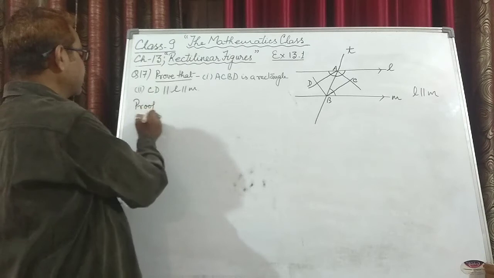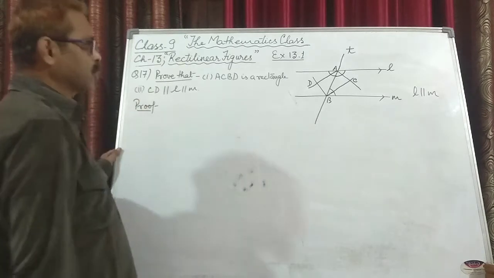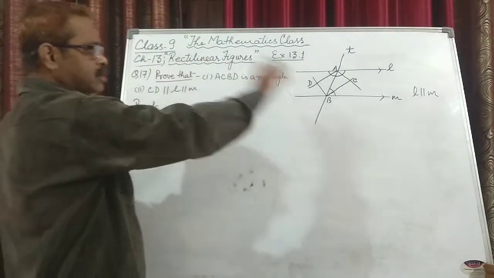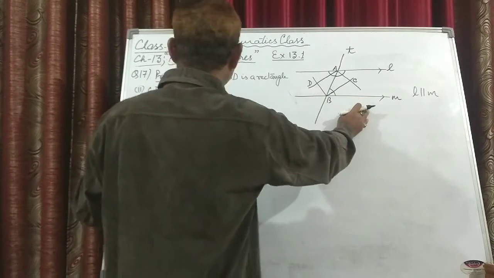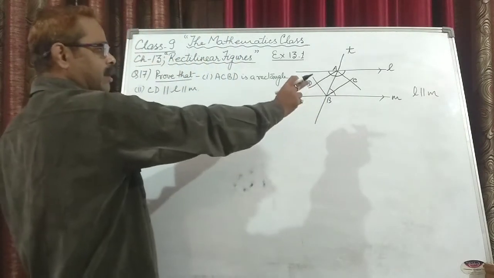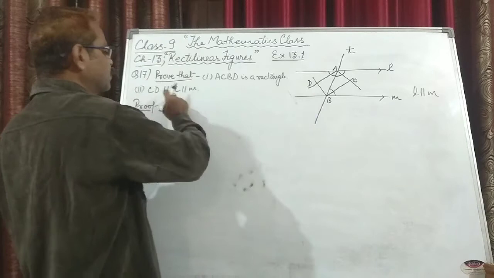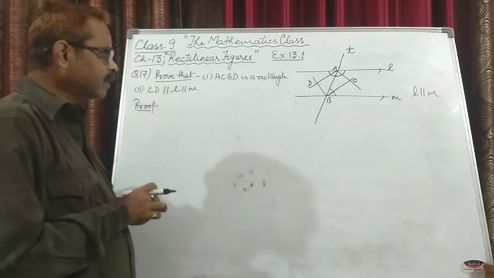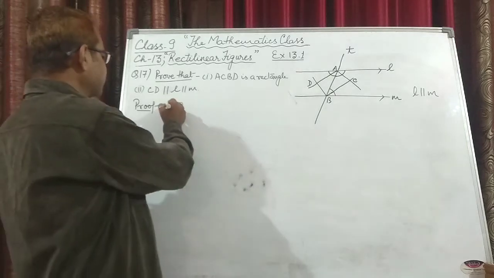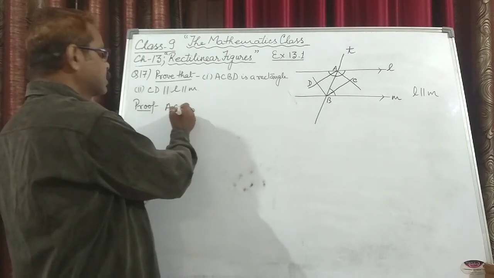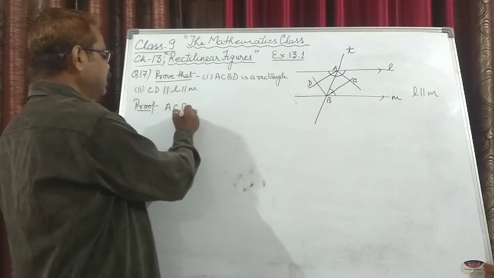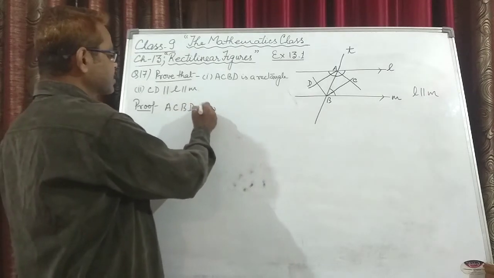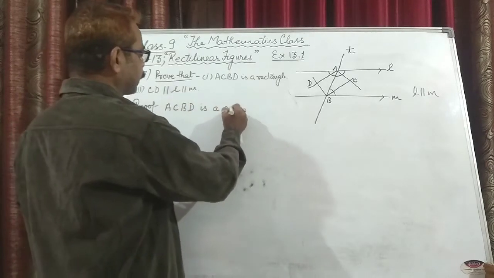I am not going into what is given and what is to be proved, because it is already given. According to the statement, I made the diagram and according to the diagram I have written what is to be proved. Now, first of all, we know that ACBD is a quadrilateral.